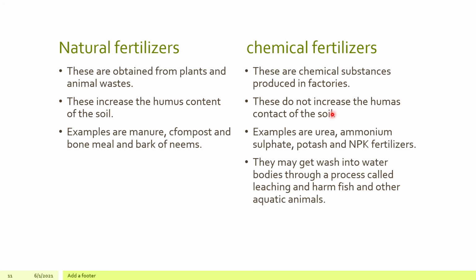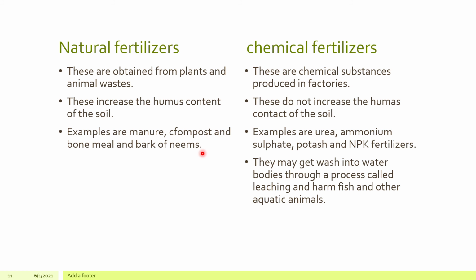Chemical fertilizers do not increase the humus content of soil. Okay, humus content इसमें नहीं बढ़ता है. Examples are manure, compost, bone meal and bark of neem. Okay, नीम के पत्ते, manure, compost and bone meal. बहुत सारी bones जो होती हैं उनको भी soil में डालने से वो भी एक natural fertilizer होता है.